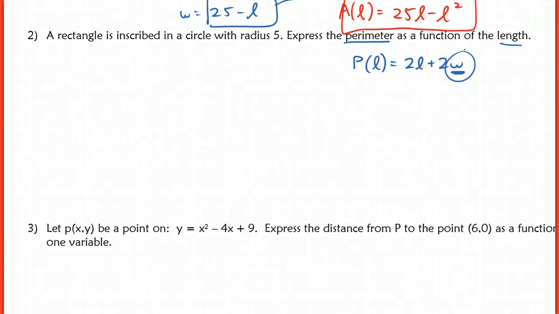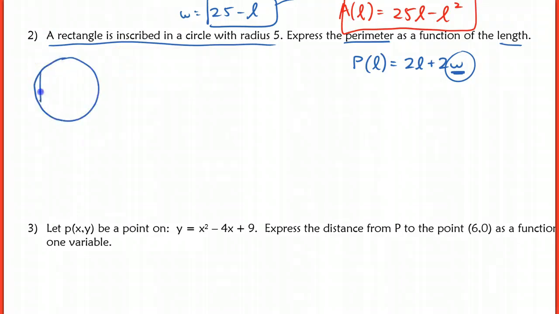Okay, so let's go back to this first part of the problem that gives us our constraint here. So our rectangle is inscribed in a circle. So we have a rectangle that looks like this. The radius of this circle is 5. So in other words, the diameter is 10.